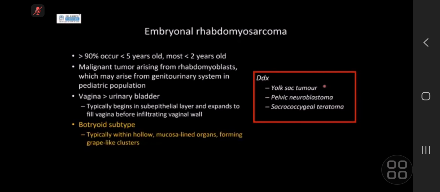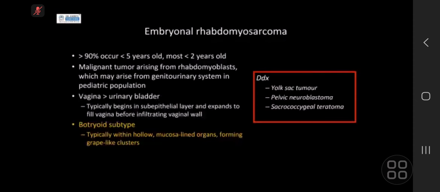Other things to think about: yolk sac tumor, but that's more ovarian pathology. You see it in the abdomen or pelvis rather than within the bladder. Pelvic neuroblastoma, again, is usually external, not within the bladder unless it infiltrates. And so also for sacrococcygeal teratoma.